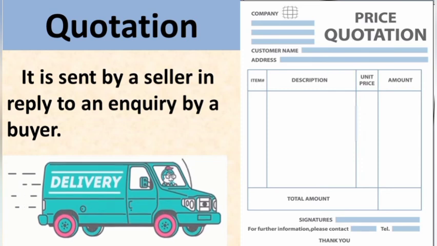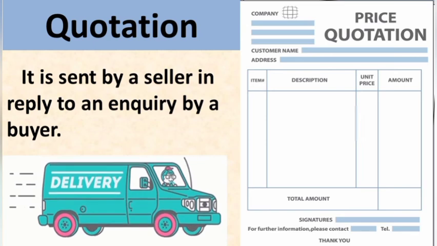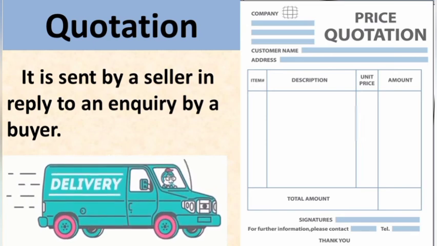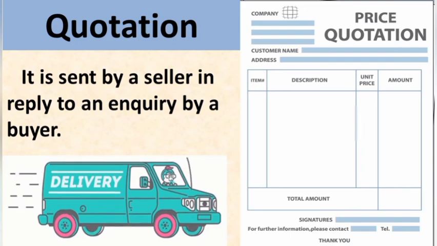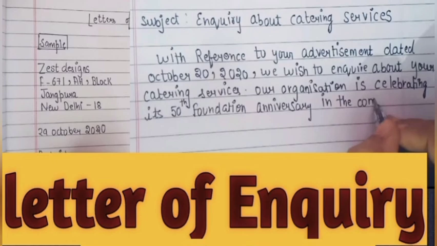Anyway, the prices stated in the quotation are sometimes subject to discount, that is if the buyer is going to make payment immediately. Then lastly, we have letter of inquiry. A letter of inquiry is normally used by a buyer to find out from various suppliers if certain goods are in stock and the terms of sale.